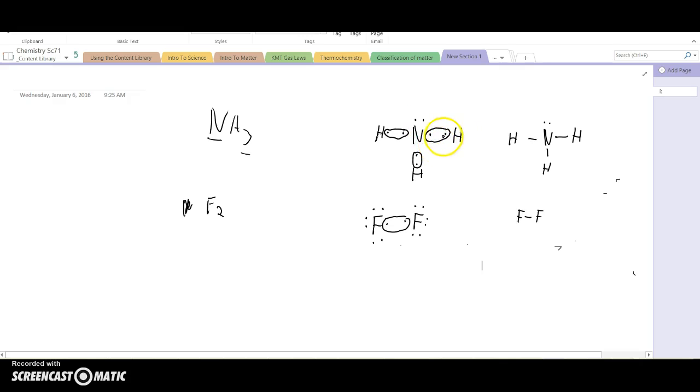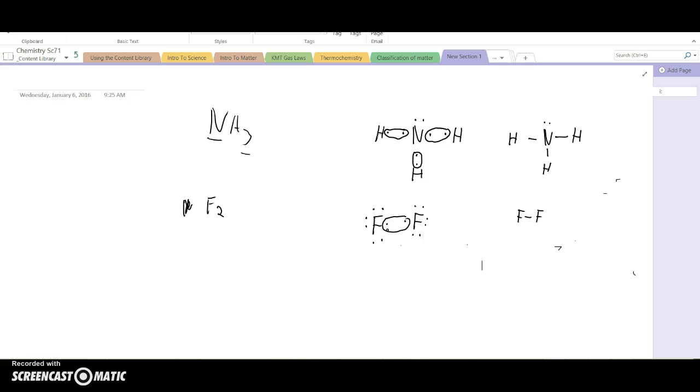Each hydrogen atom has 1, 2. And though that's not 8, remember, helium has only 2 valence electrons, and in this case, hydrogen wants to be like helium, having 2 valence electrons. Each of these fluorine atoms has 1, 2, 3, 4, 5, 6, 7, 8. Again, you have to count the shared electrons, the circled electrons, for both.